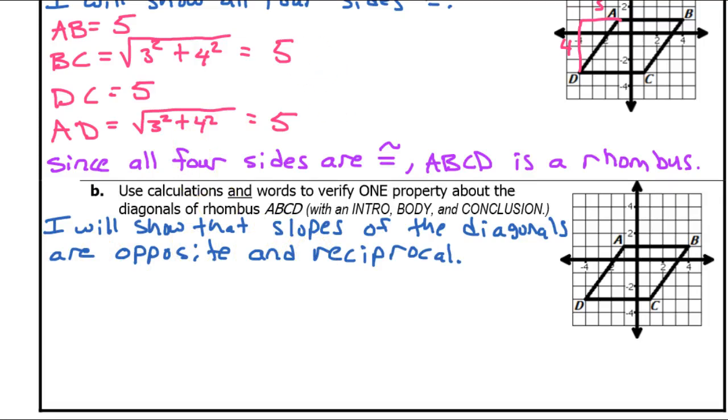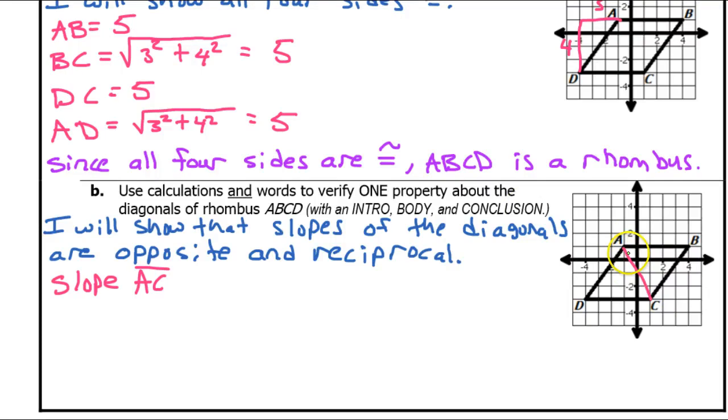So the diagonals, there are only 2 diagonals, so that makes it a little bit easier. The diagonals are AC and DB. Okay, so here's AC right here. Okay, so let's talk about the slope of segment AC. In fact, let me just go ahead and talk rise over run.